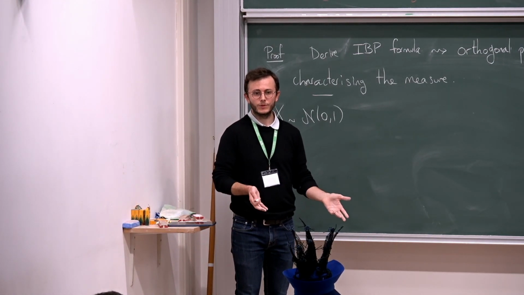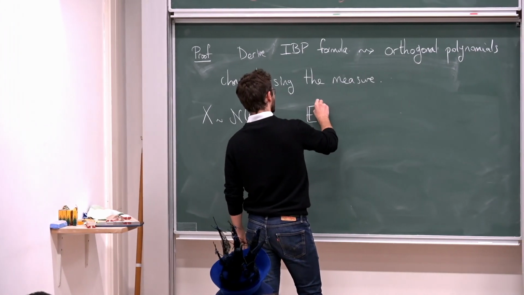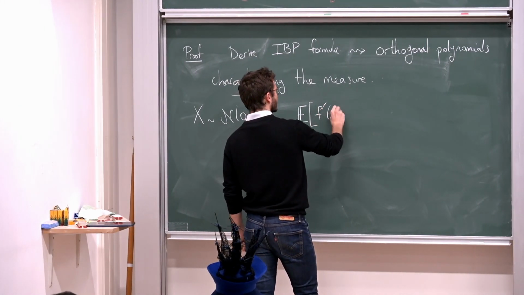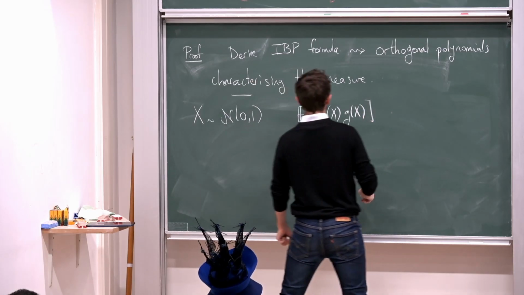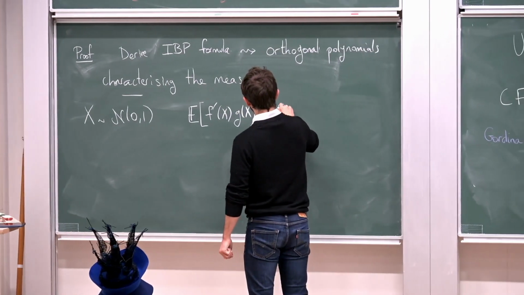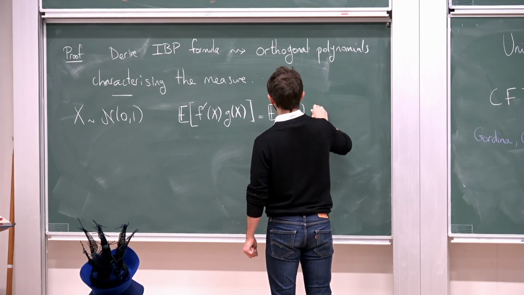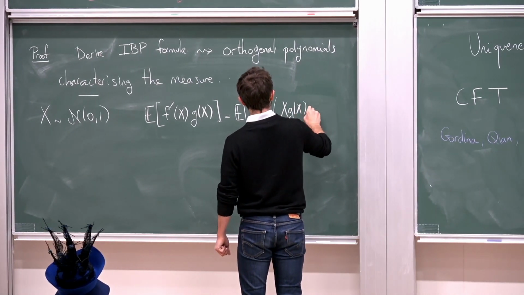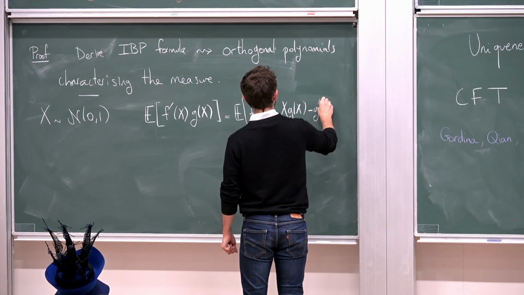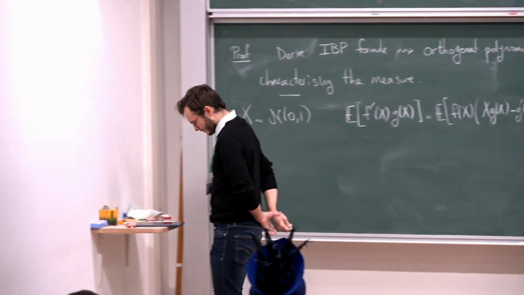So now my space is simply R. And the integration by parts formula I had in mind in this context would be simply the Gaussian integration by parts, which reads as follows. I have a prime on f, and now I have no prime on g. I have x g(x) minus g'(x). Something like this.